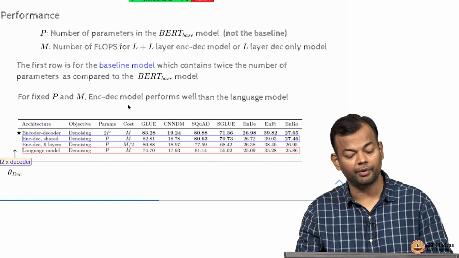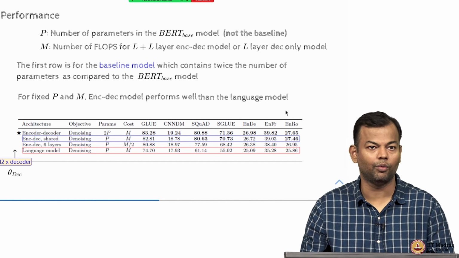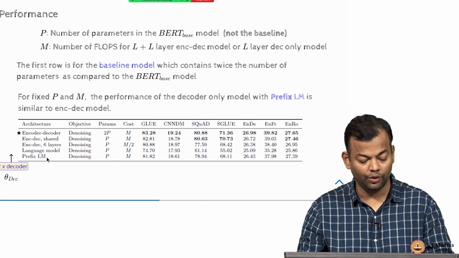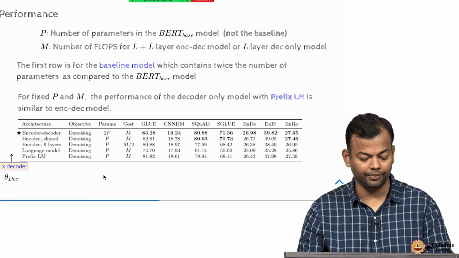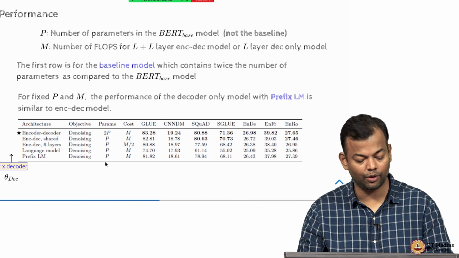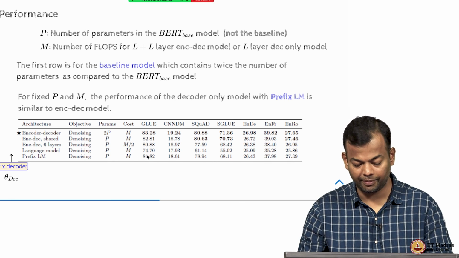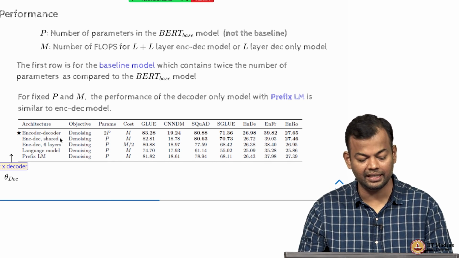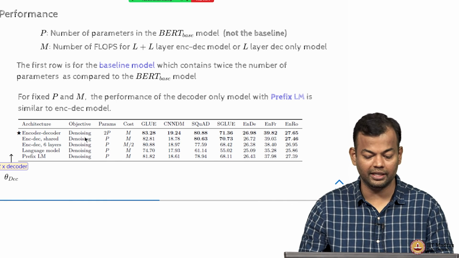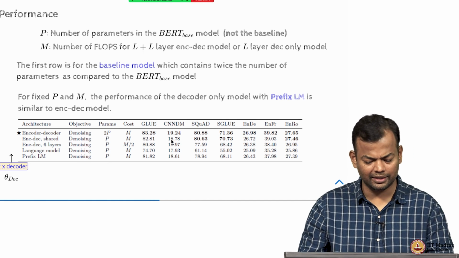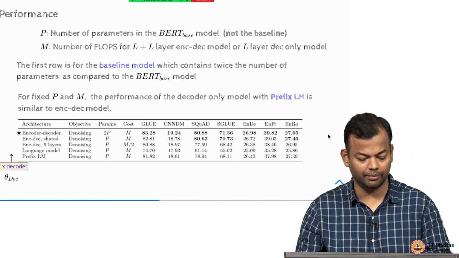The encoder-decoder performs better than a language model, and what they mean by a language model is a decoder-only model, right? Now you can use the prefix language model. Again, you're using the same denoising objective, you have kept the same P, same M, and in this case, the performance was slightly better, but still the encoder-decoder model is better than the prefix LM model. Okay, it's almost similar but slightly better.